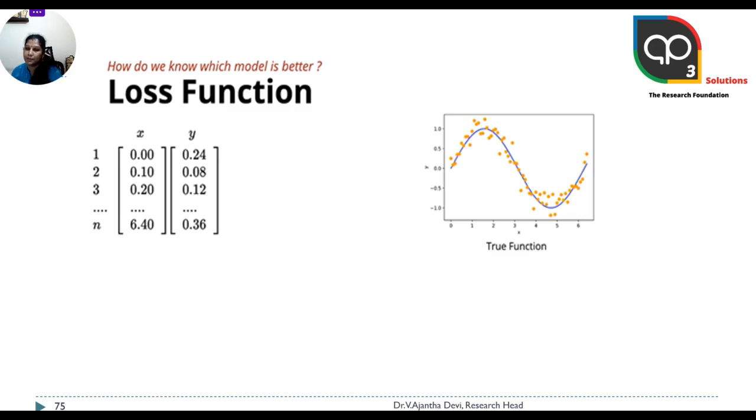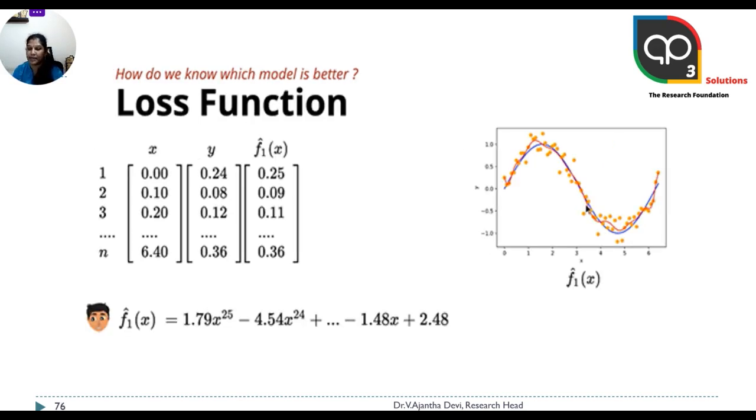I am going to give it to one of my friends and ask him to let me know what this function is. He looks at it and says, I feel this is the function, using a degree 25th polynomial, and he also gives you the coefficients.